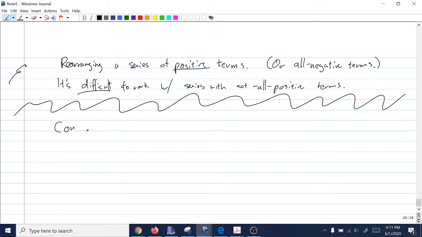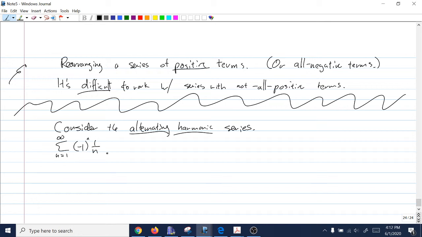Let's consider the alternating harmonic series. The alternating harmonic series is the sum from n equals 1 to infinity. 1 over n is the harmonic series.